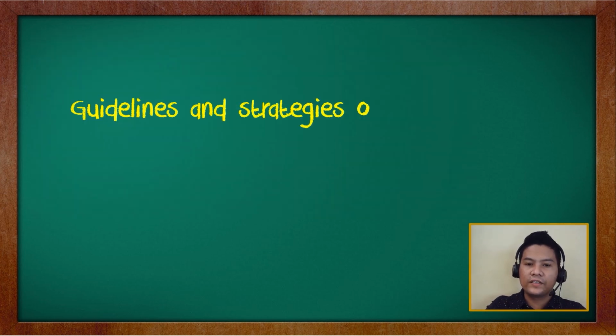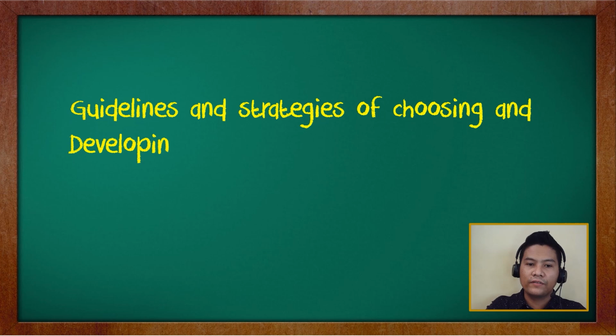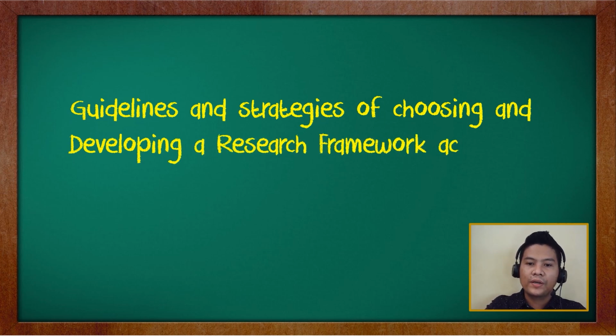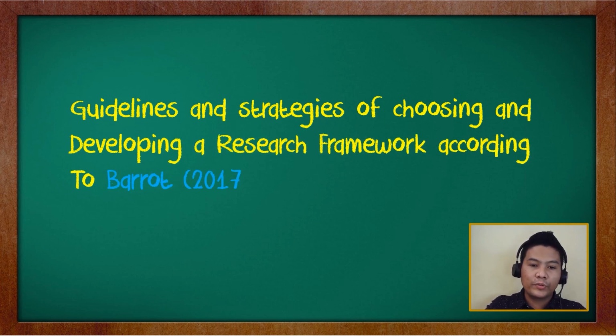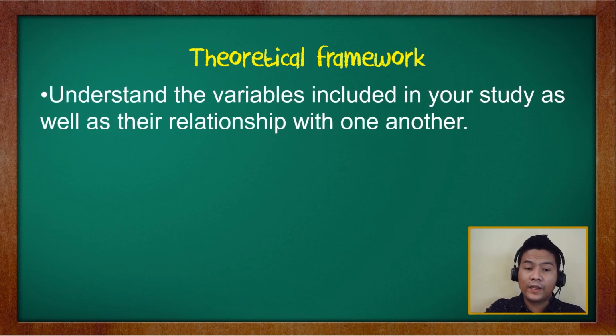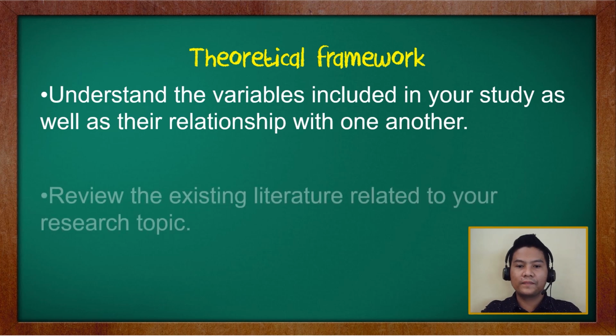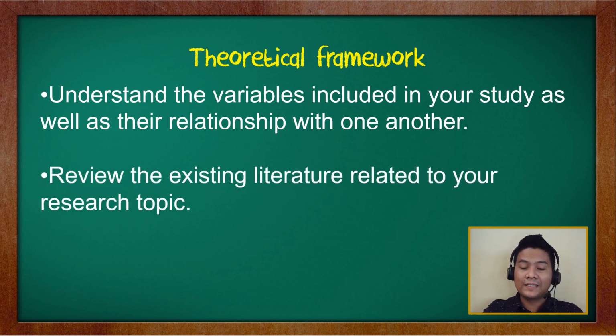Here are the guidelines and strategies for choosing and developing a research framework according to Barrow 2017. For theoretical framework, you have to understand the variables included in your study as well as their relationship with one another. Review the existing literature related to your research topic.